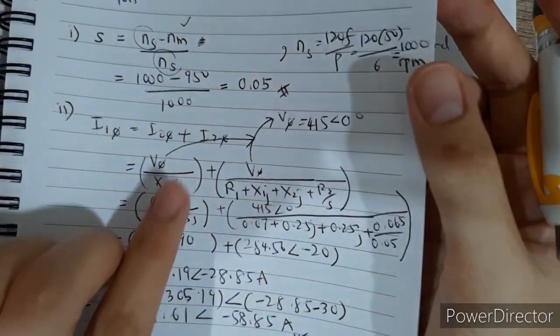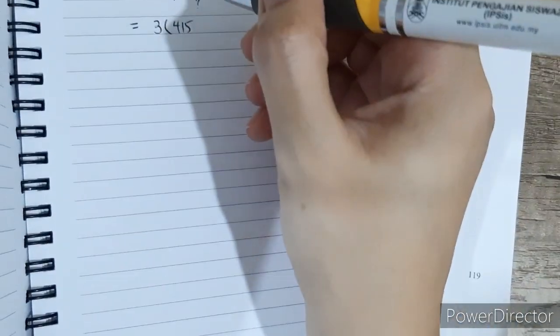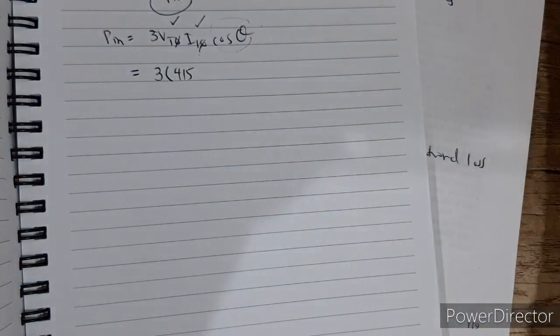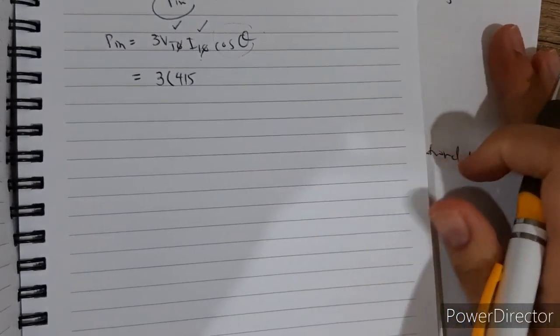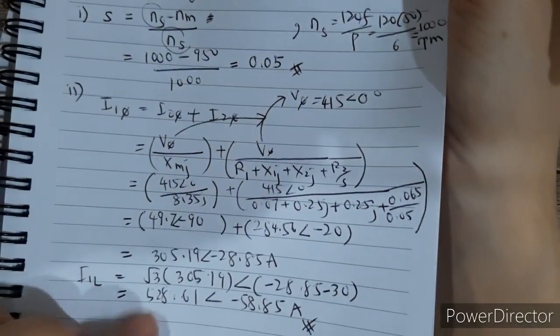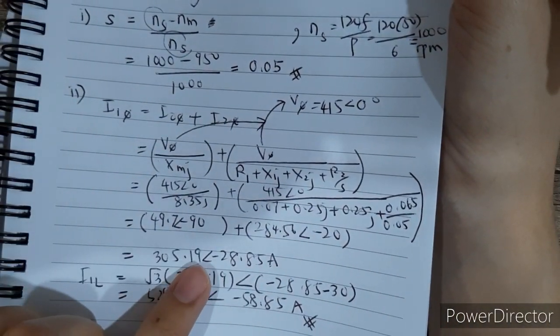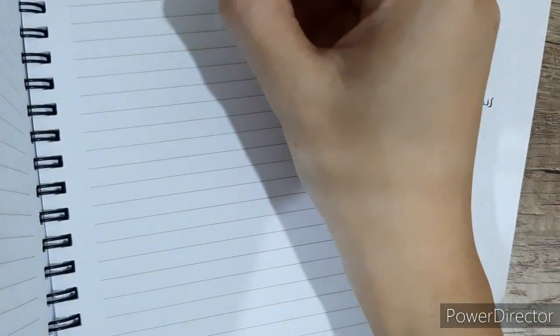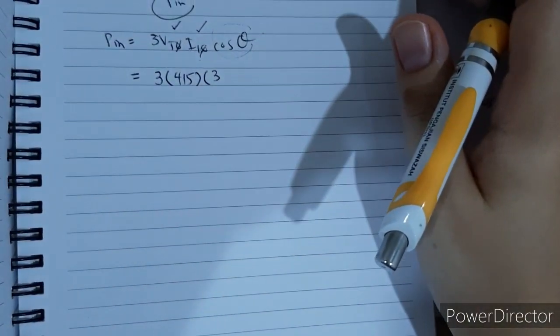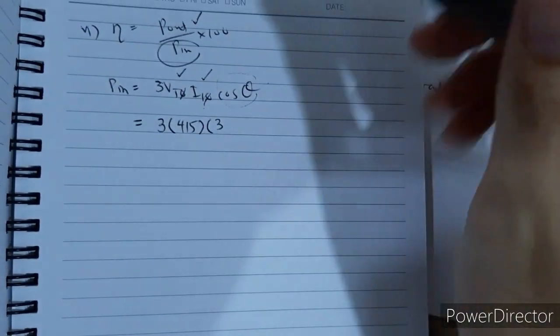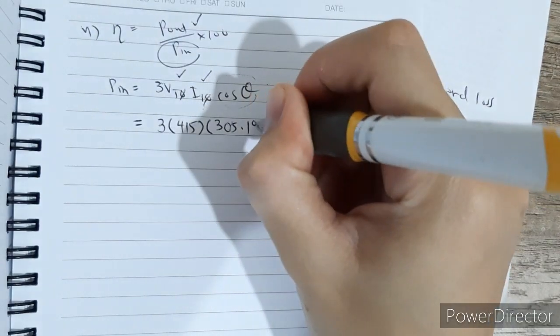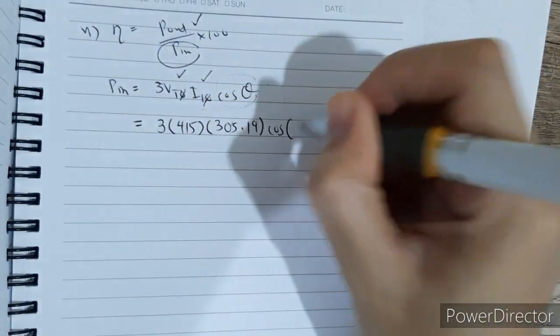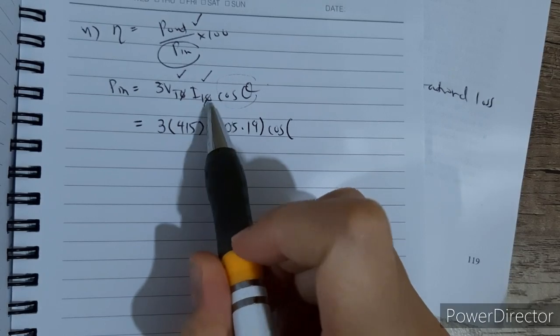So VT phase is 415, angle 0. I1 phase, angle of I1 phase is 305.19. And then cos, your theta is angle of VT phase minus angle of I1 phase.